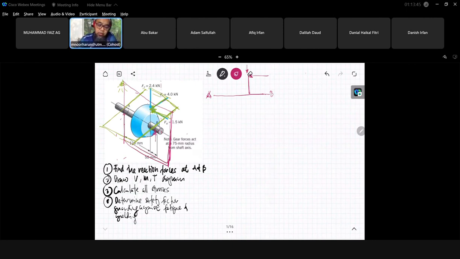Okay, so if we see from this direction, we will see the forces, this force and this force. So this is 1.5 and this is 2.4.